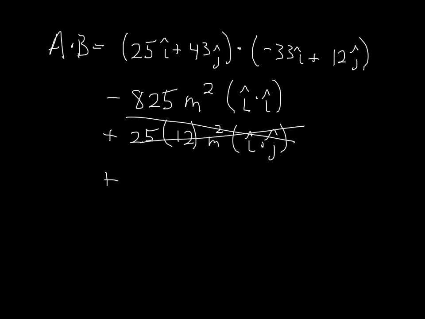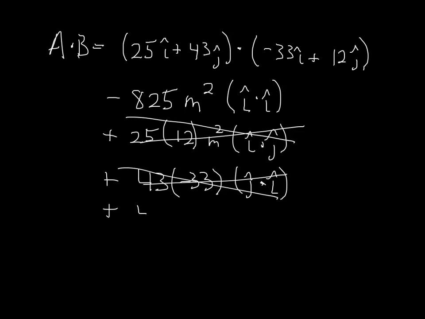So now I need to distribute the 43: plus 43 times negative 33 times j dot i. What's j dot i? 0, goes away. Plus 43 times 12 j dot j.